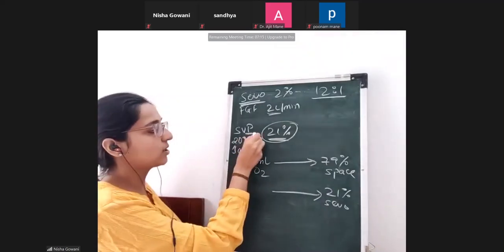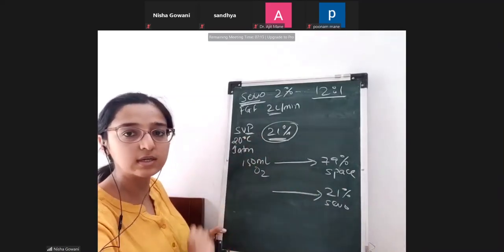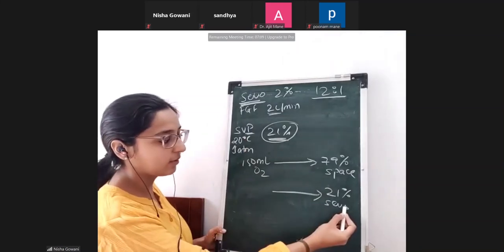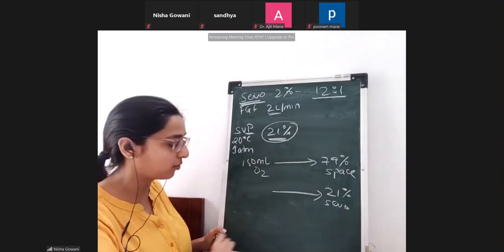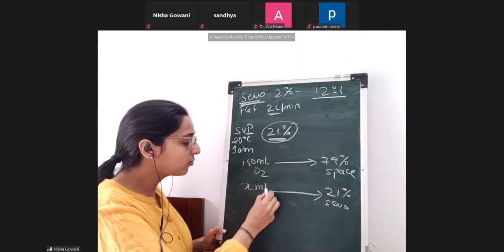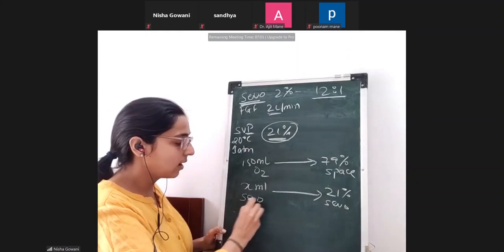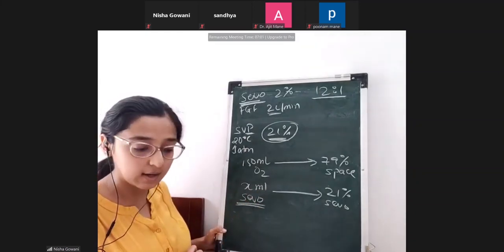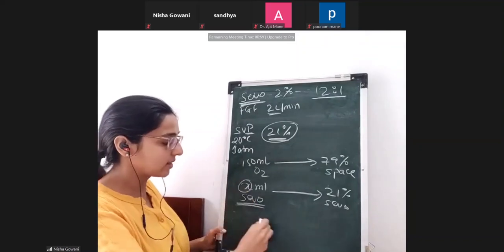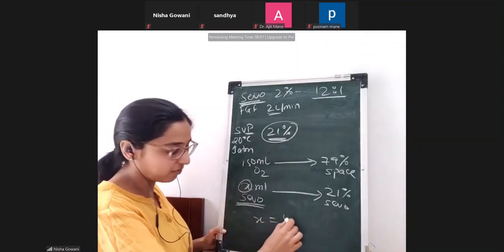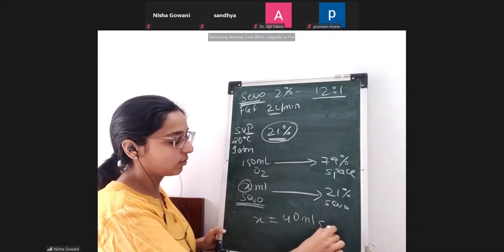I told you pressure is the same as volume. We can use this interchangeably. So here we have 21% of the space occupied by sevoflurane. So how much ml of sevoflurane does that mean? How much ml sevoflurane is there? When you solve for X, you will get that the value comes to 40 ml sevo.